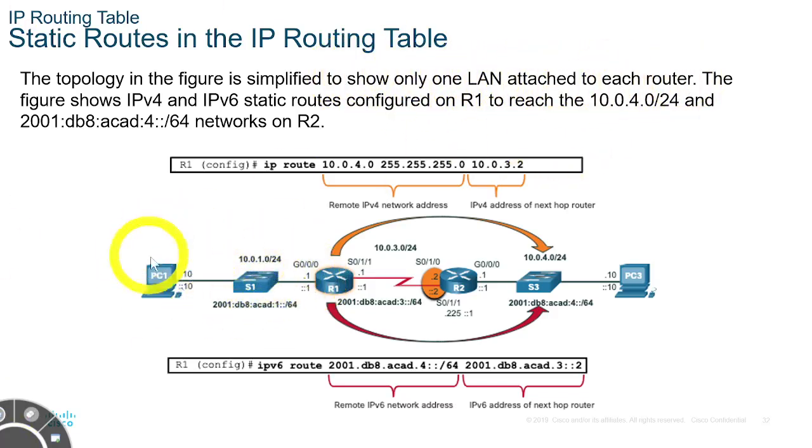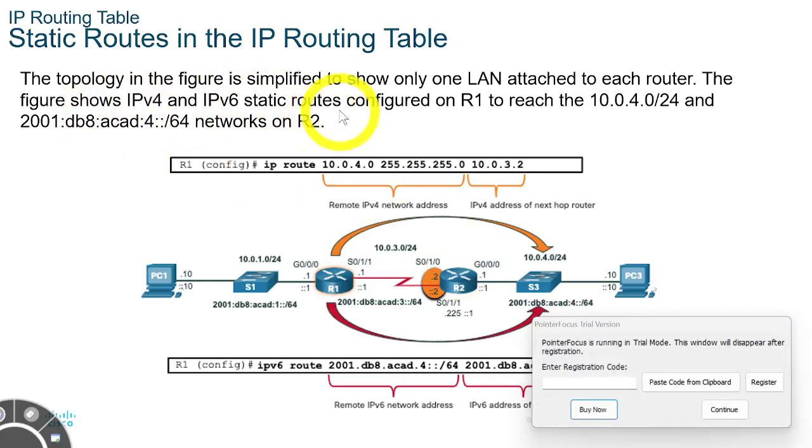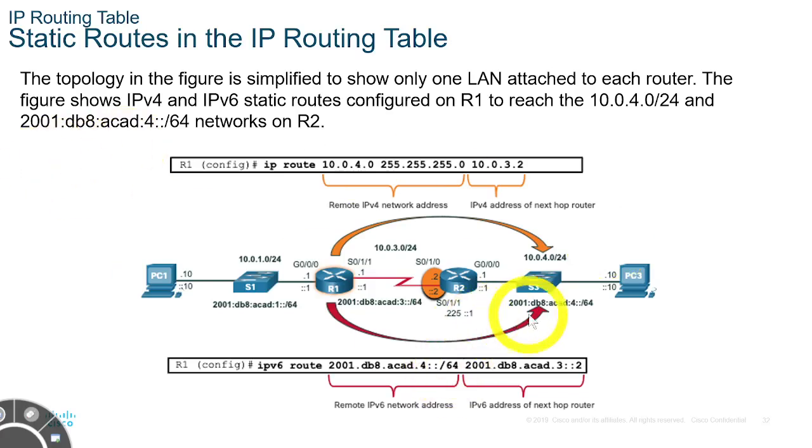This LAN is attached only to this router, and this LAN is only attached to this router. So the figure shows IP version 4 and 6 static routes configured on R1 to reach the destination, this one, and this one using version 6.